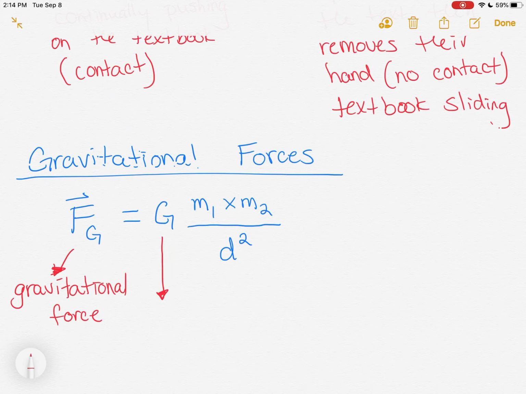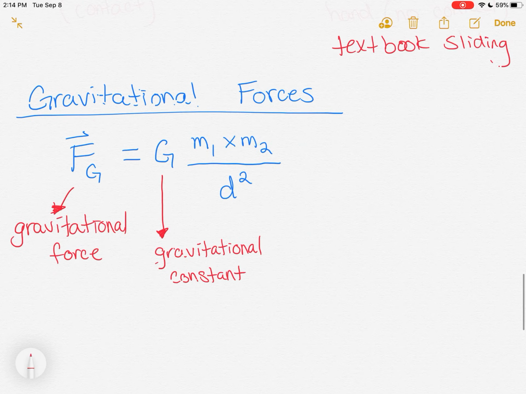All right, capital G is actually a constant and is called the gravitational constant. It has a value of 6.67 times 10 to the negative 11.